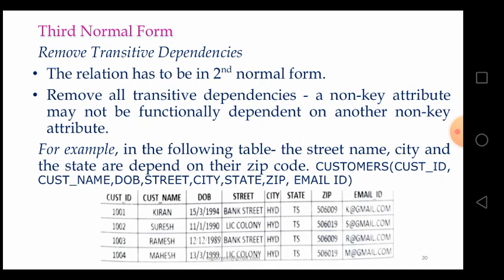For example, here one table is taken, the customers table. In the customers table, customer ID, customer name, date of birth, street, city, state, zip, and email ID are the different attributes.